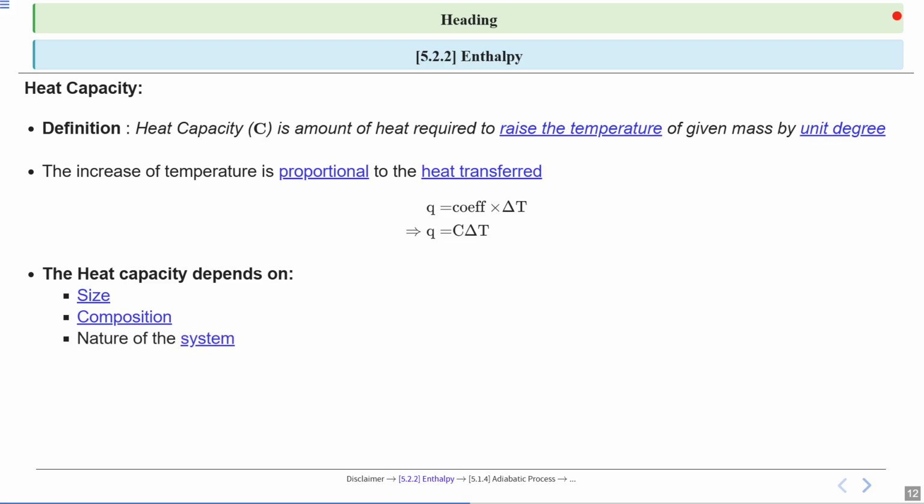Third is the nature of the system. And fourth is the amount of substance. So your heat capacity will depend upon these four things. I hope this is clear to you. You can say in a very small point that it is dependent upon the substance for which you are trying to raise the temperature.